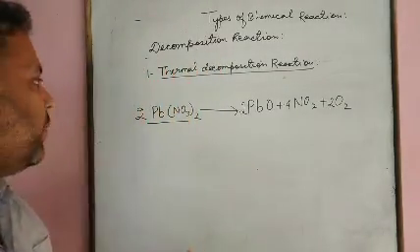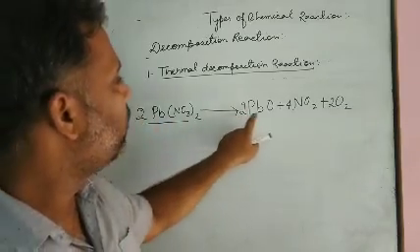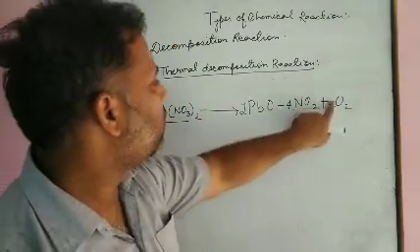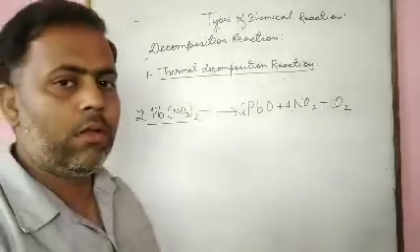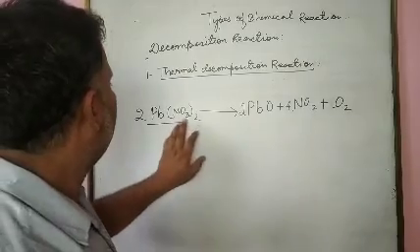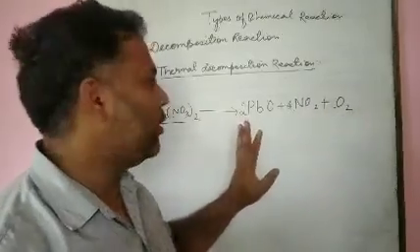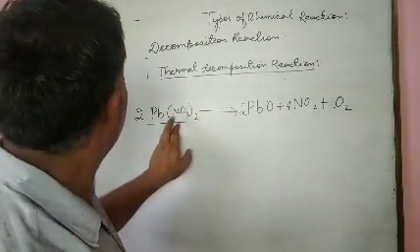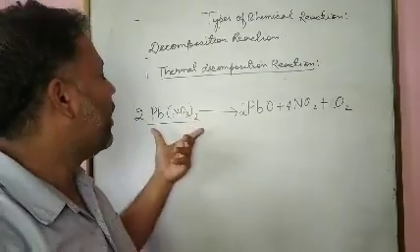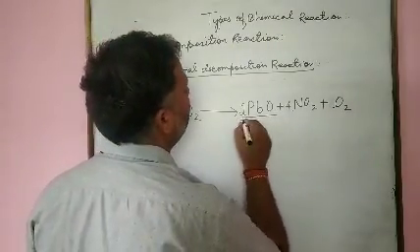Let us see, the reaction is balanced. We have 2 Pb, and 4 nitrogen on both sides. That means the reaction is balanced. Clear? What we see here, when lead nitrate is heated, it is converted into PbO, which is yellow in color.